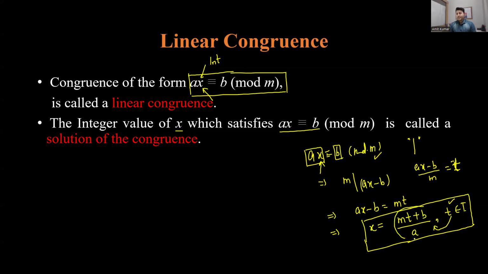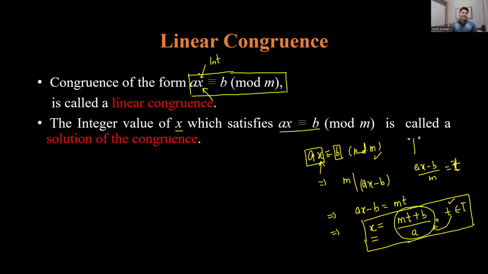Once this whole expression becomes an integer, that x is your solution. That means we are searching for some t which makes this expression for x an integer, and that x we call the solution of this linear congruence. This is one of the ways to get the solution of a linear congruence.